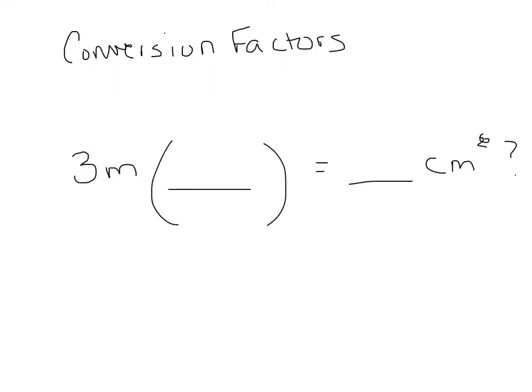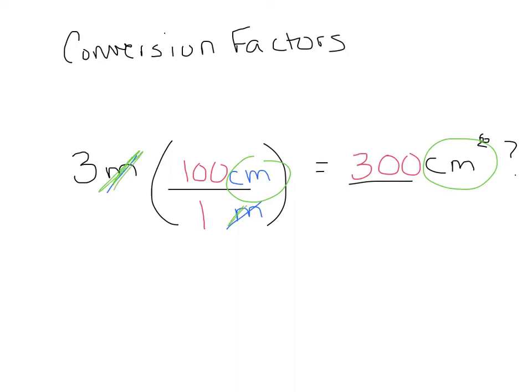If I want to get rid of the meters, I can stick the meters down the bottom, and I can put centimeters on top. And I know that in 1 meter, there are 100 centimeters. 100 centimeters and 1 meter is the same quantity. So then I can just multiply 3 times 100 is 300. The only unit I have left is the centimeters, so that's in my answer because the meters cross off.